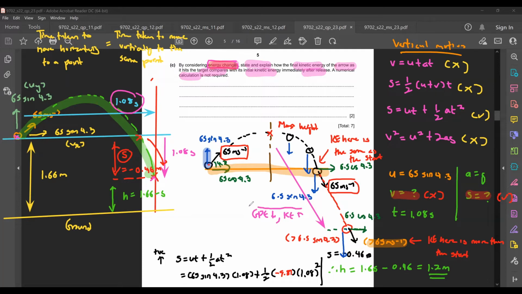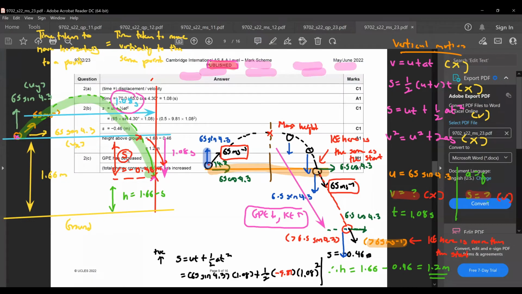So you have to relate to this: GPE drop causes your KE to increase. You want to relate it to your energy change. You could say that going down, your GPE drop is actually larger than the GPE gain moving up. Therefore, your KE increase will be larger, and therefore your final KE will be larger.